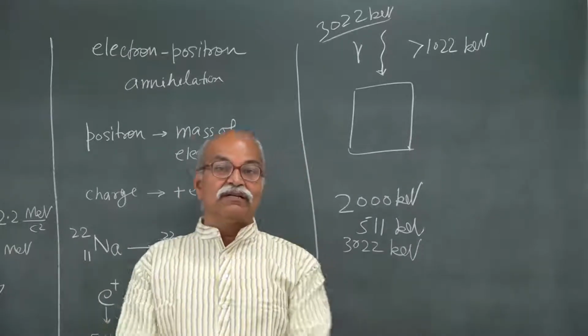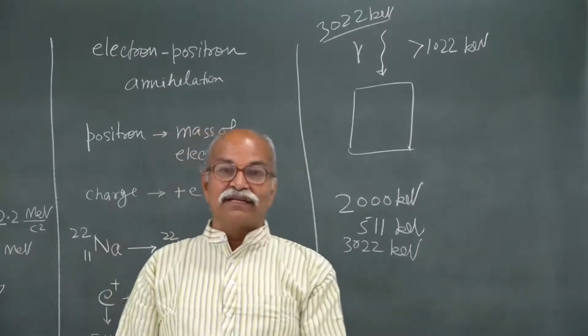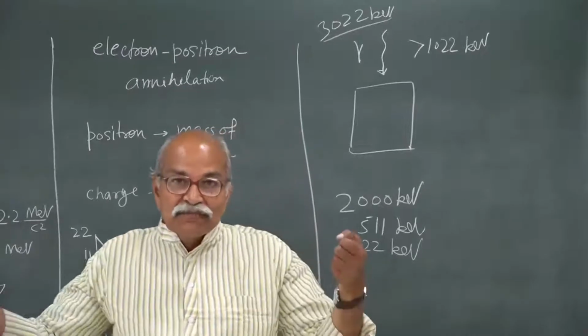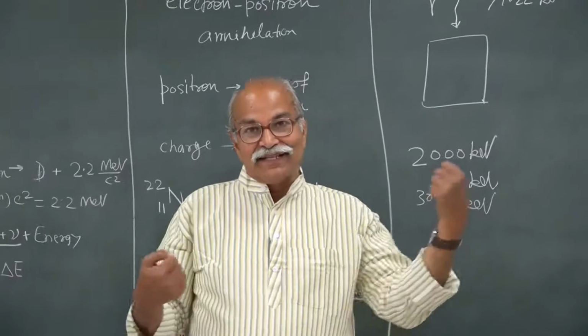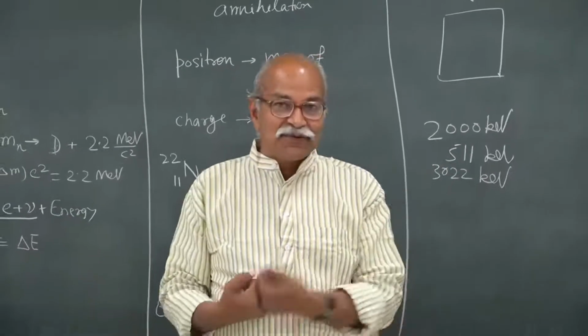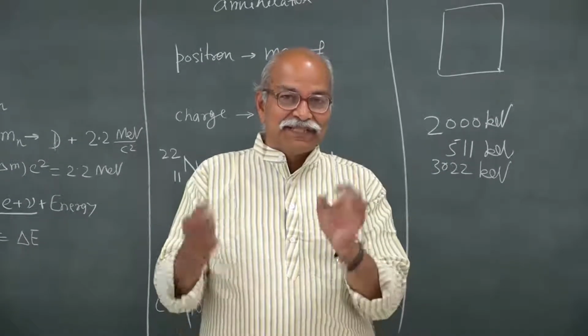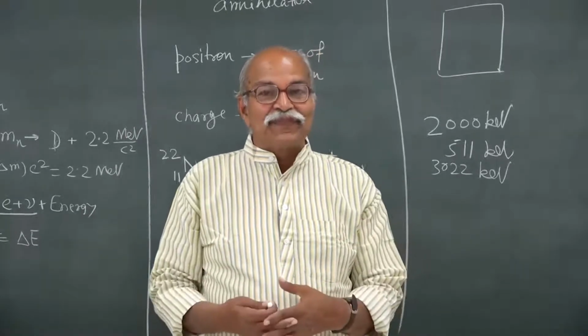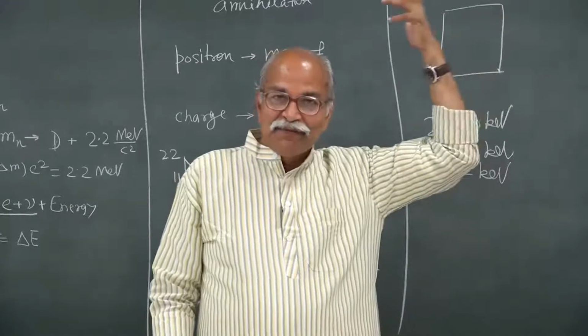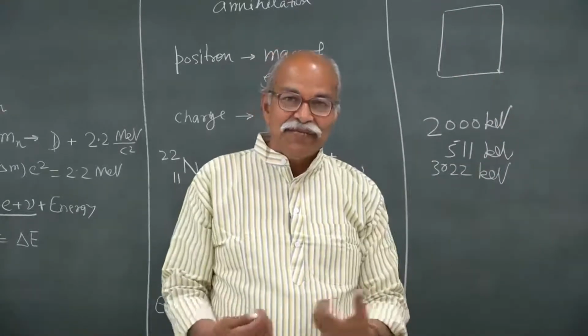You have heard of the Large Hadron Collider, where proton beams are collided against each other, and the energies are in tera electron volt, very high energy. So, this is the latest high energy collider. But before that also people had been working with collision of proton beams.